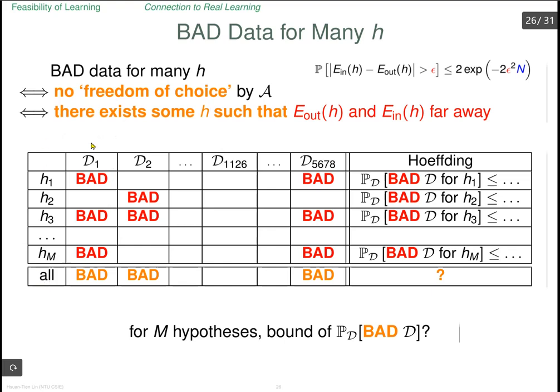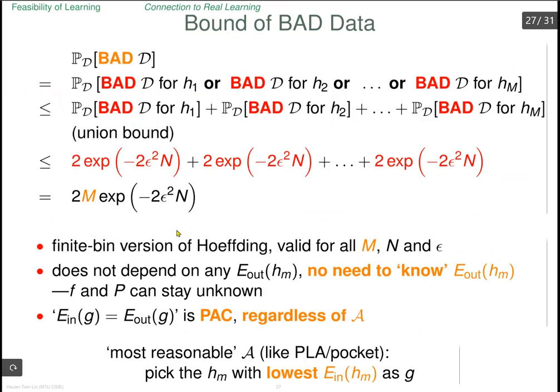So if we consider the whole space of hypotheses, then we can also consider the bad samples across all different hypotheses, M hypotheses, and across all data points. So we have the bound of bad events, bad data, for all M hypotheses. Let's look at this.